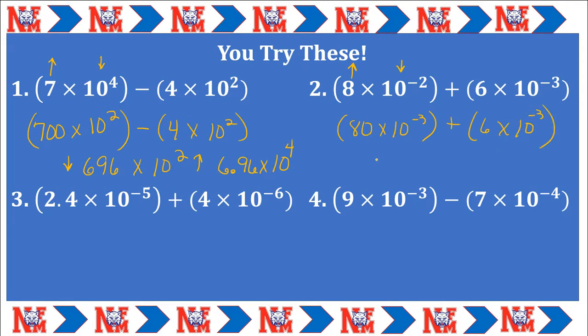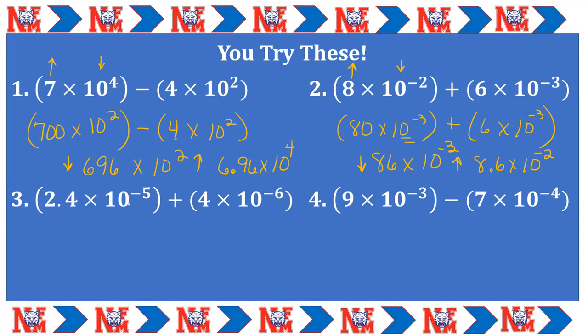So we're going to add 80 plus 6 to get 86 and bring over our common power of 10 to the -3. We're going to make adjustments, go down 8.6. We're going to go up. Again, be very careful with negatives. Going up 1 is going to bring us to a -2.